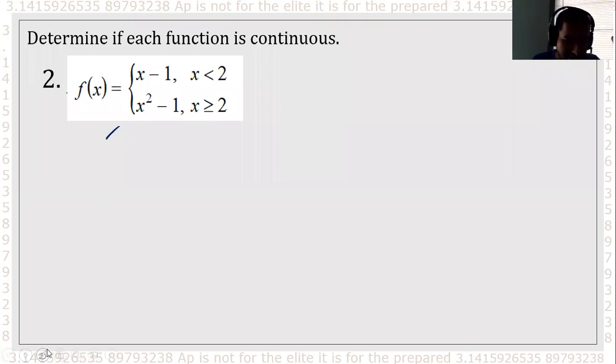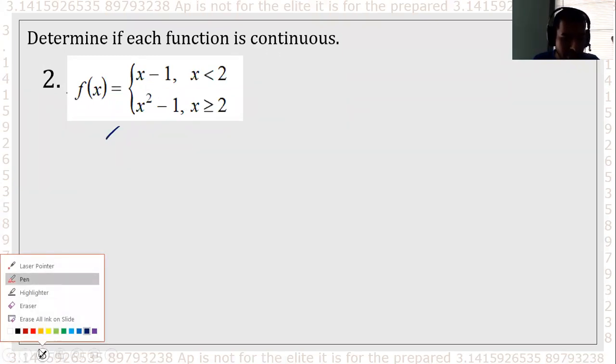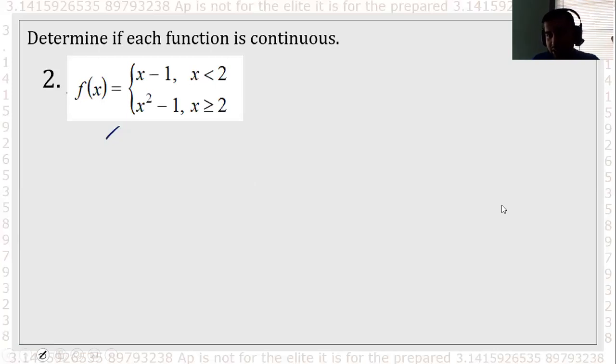These right here, guys, are a little bit trickier. I'll give you a couple seconds to write that out. These you do have to check the conditions. So let me go ahead and write them. F of c is defined. The limit as x approaches c exists, right?